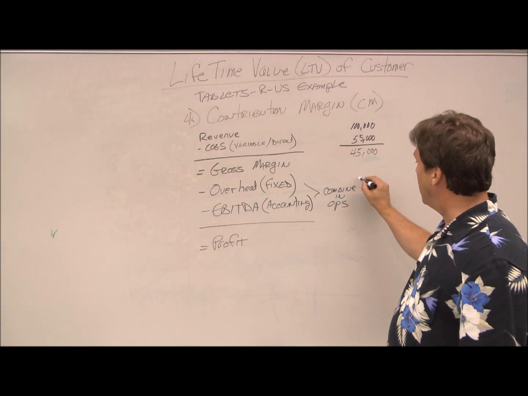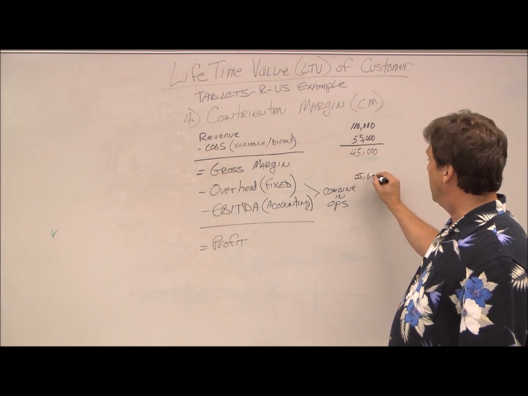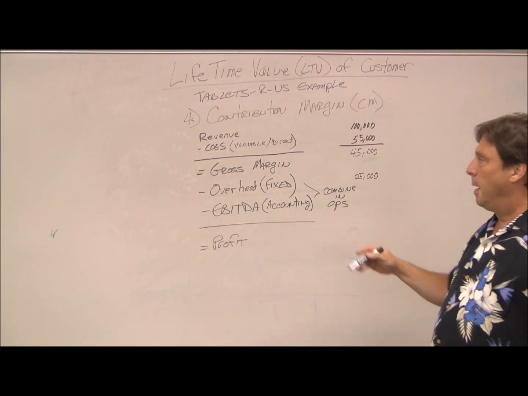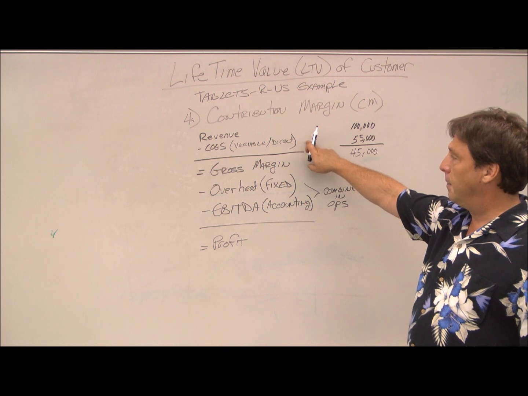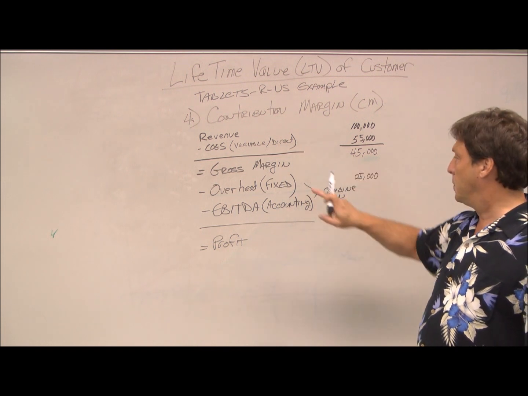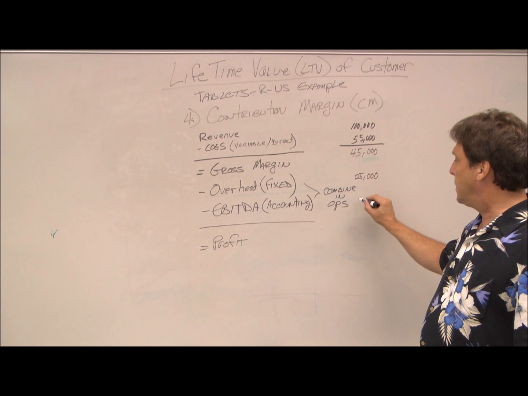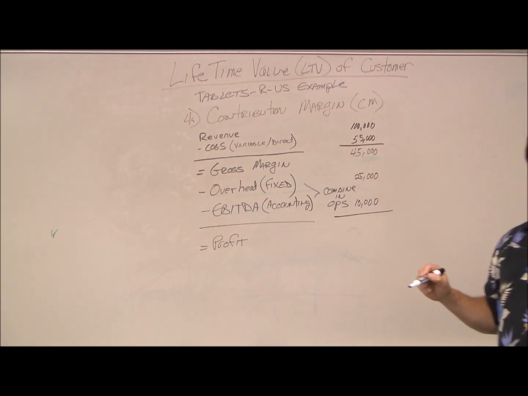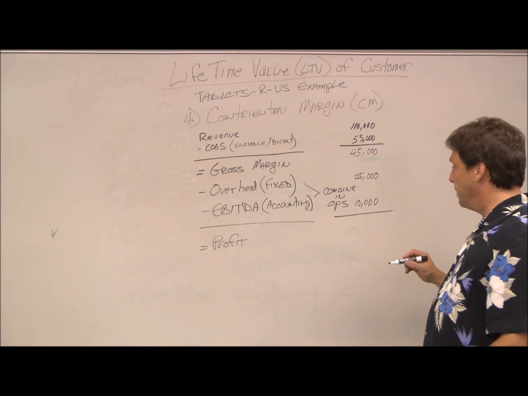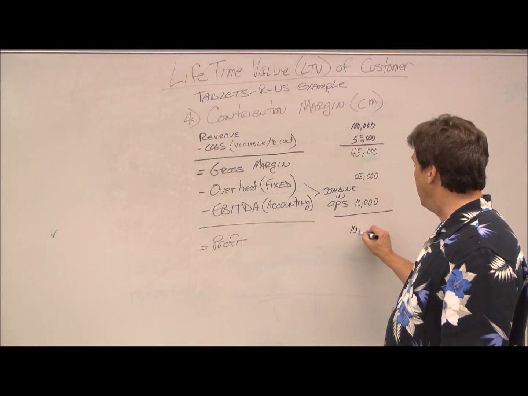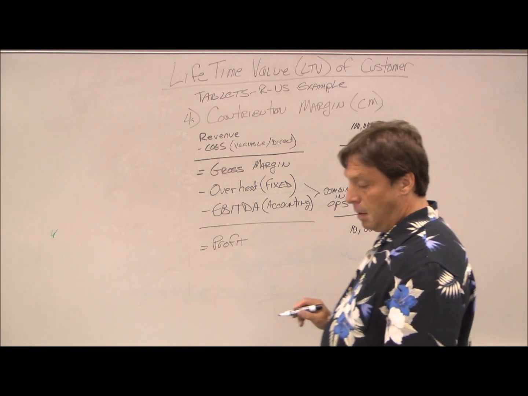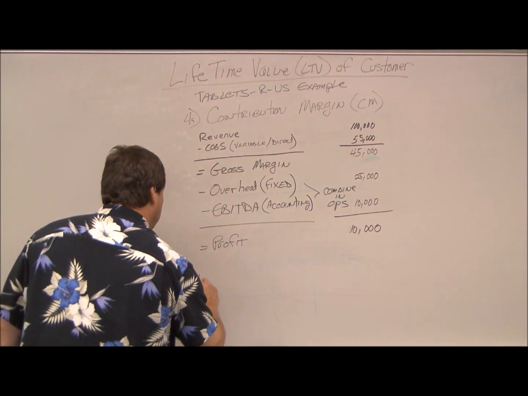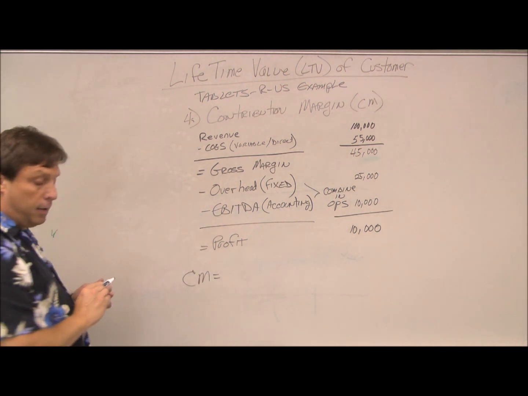Let's just say our fixed costs, our overhead, which is rent, our accounting department, our marketing department, everything that's not directly involved with the production or whatever we're producing, is overhead. And we'll say that we have $10,000 in taxes, depreciation, amortization, and it gives us a profit of $10,000. So what our contribution margin is, we can calculate that in 2 ways.